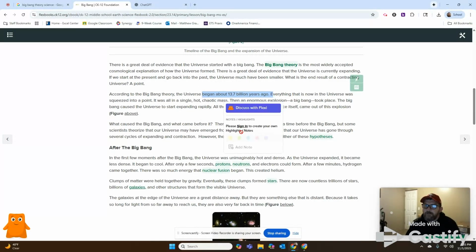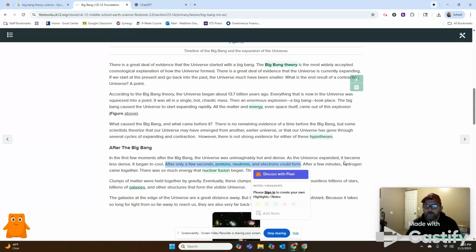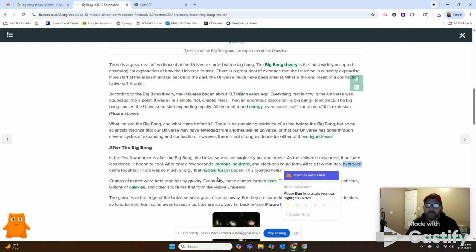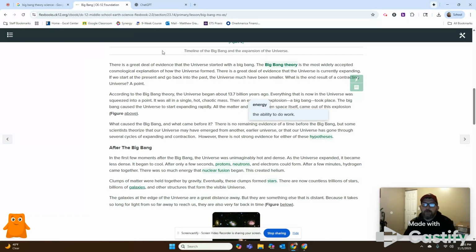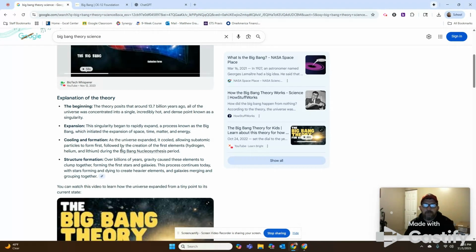Notice still got 13.7 billion years. After the Big Bang, first few moments, unimaginably hot and dense. And after a few seconds, protons, neutrons, electrons could form. That gave us the hydrogen. And after nuclear fusion began, we got some helium. Fantastic. All of that is here.